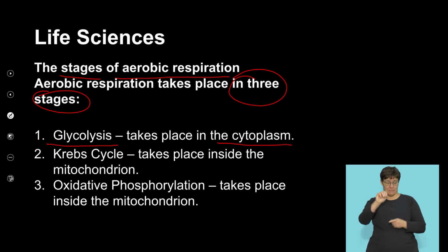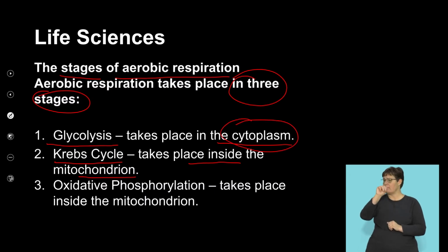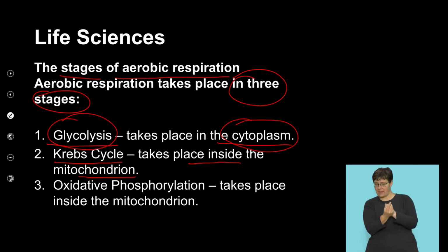The second stage is called the Krebs cycle, and this takes place inside the mitochondria. So in the cell, we saw that cytoplasm is where glycolysis happens, and now we see that inside the mitochondria we have the Krebs cycle.